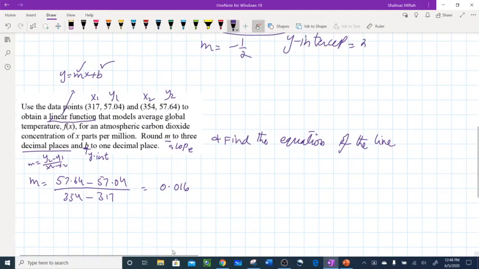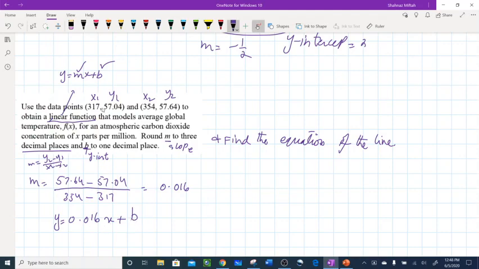Now what else do I need? I need b. How do I get that b? There is a different way to do it. I'm using y equals mx plus b, and we already found m, so I'm going to write that m right there: y equals 0.016x plus b. I don't have a b there. If I have y and x somewhere, I can replace these with numbers and find b.